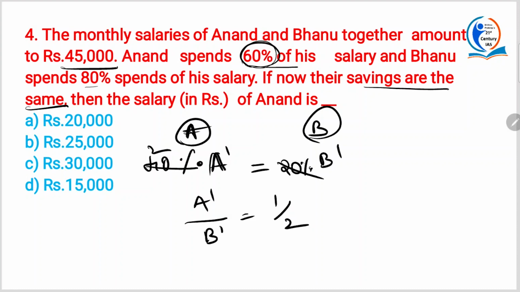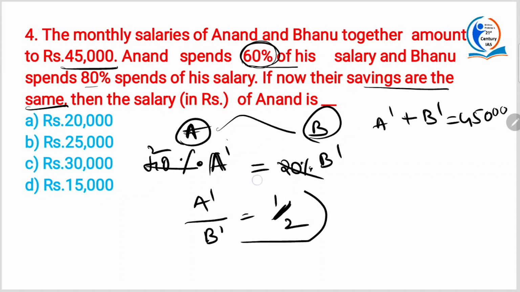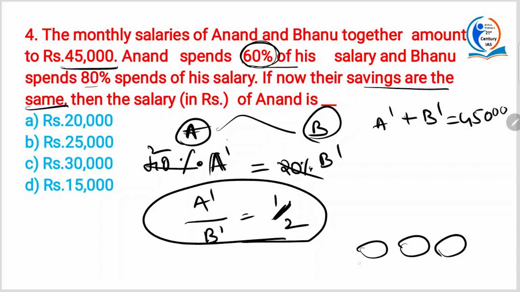Now they are also saying that the sum of the salaries of A and B, that is A dash plus B dash, is equal to 45,000. Now, what is this ratio indicating? It is indicating that if there are 3 pieces of a cake, A eats 1 piece while B eats 2 pieces.